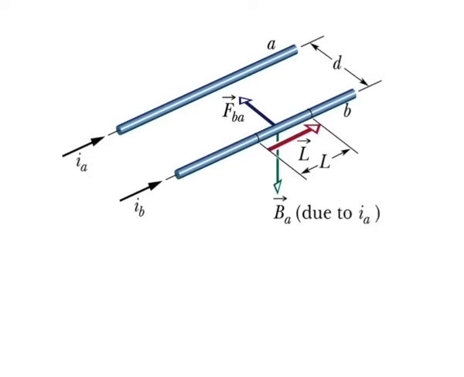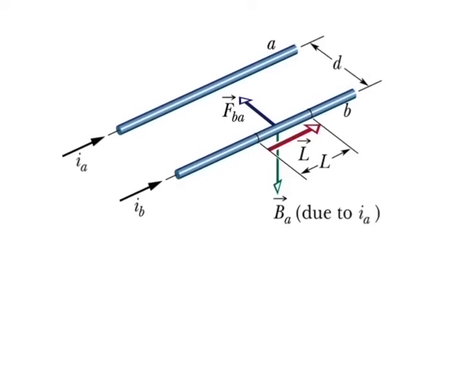Forces between two parallel currents. Two long parallel wires carrying current exert force on each other. The figure here shows two such wires separated by a distance d and carrying currents IA and IB. Let us analyze the forces on these wires due to each other.